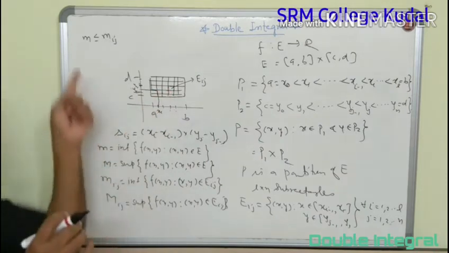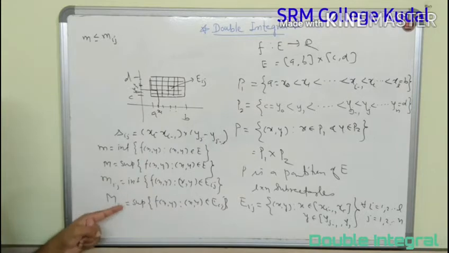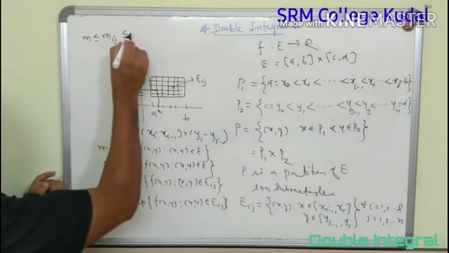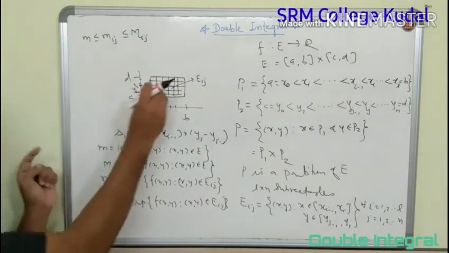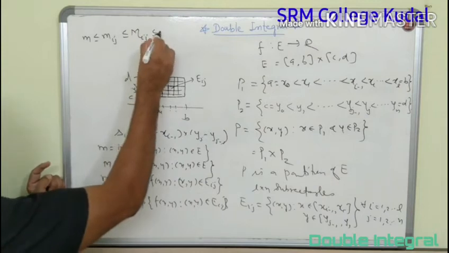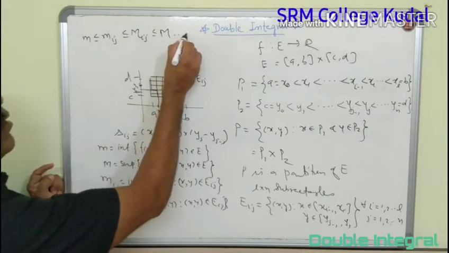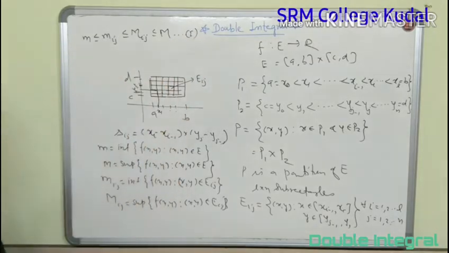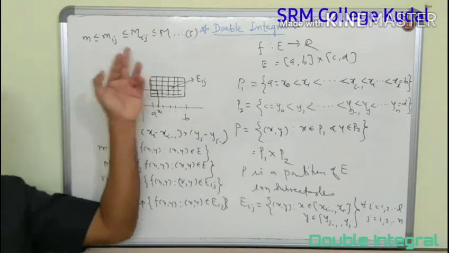And as this is infimum and this is supremum, infimum is always less than or equal to supremum, and this is the supremum on a small part while capital M is the supremum on whole of the rectangle, so M_ij will be less than or equal to capital M. Suppose I call this equation number 1. So these 4 numbers have this type of relationship.